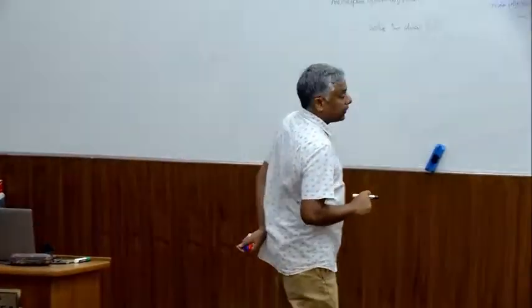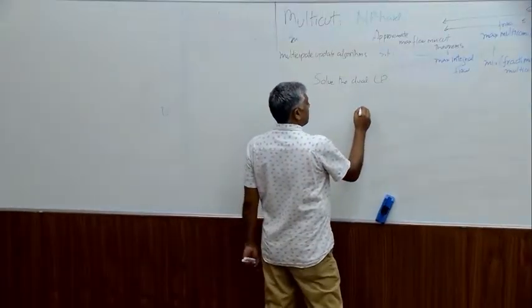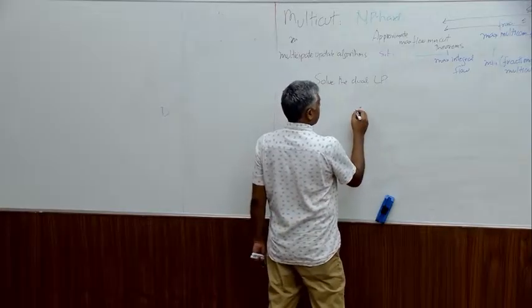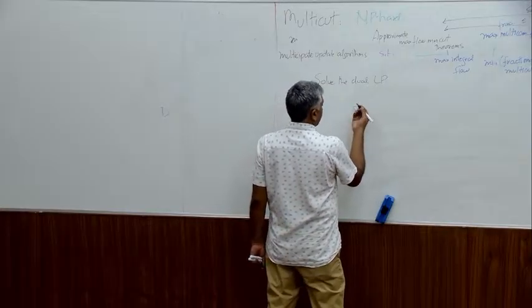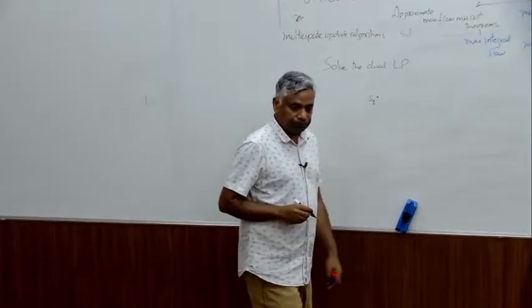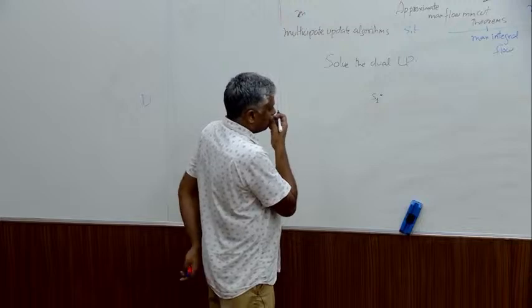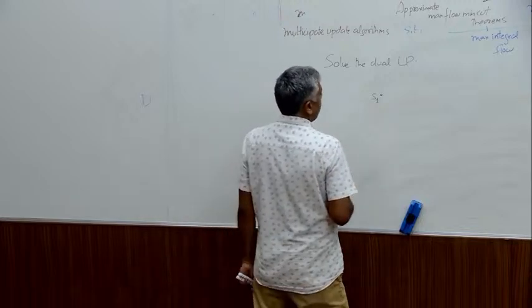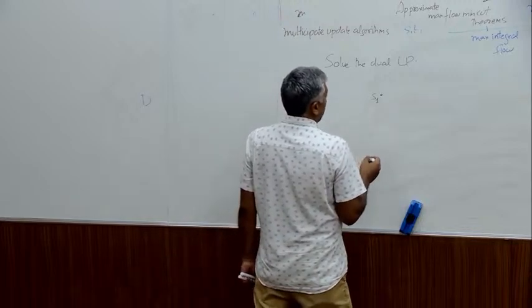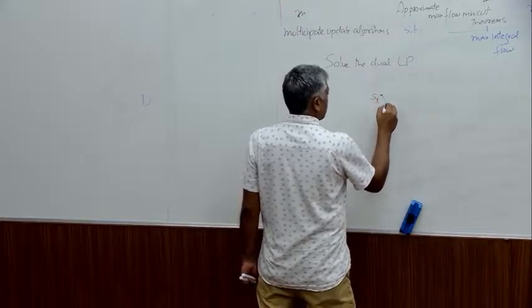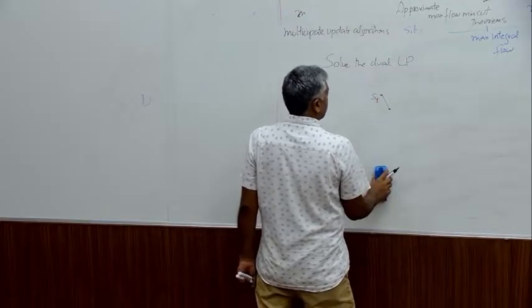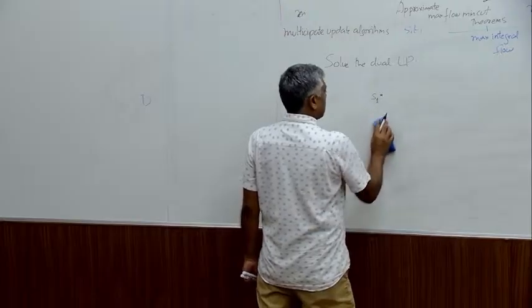Okay, then what I'm going to do is take some s_i, let's say S1, and grow a region around it. The way to think of it is, I'm growing a ball.